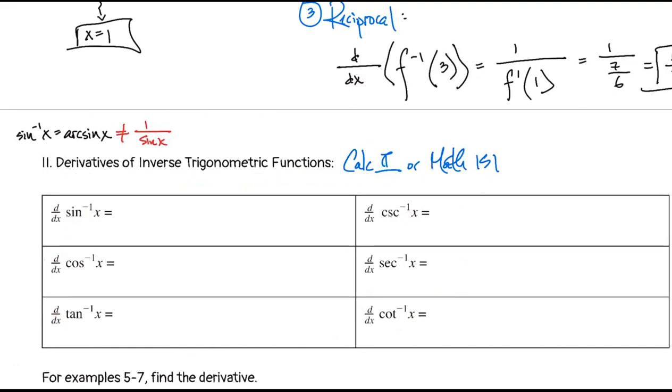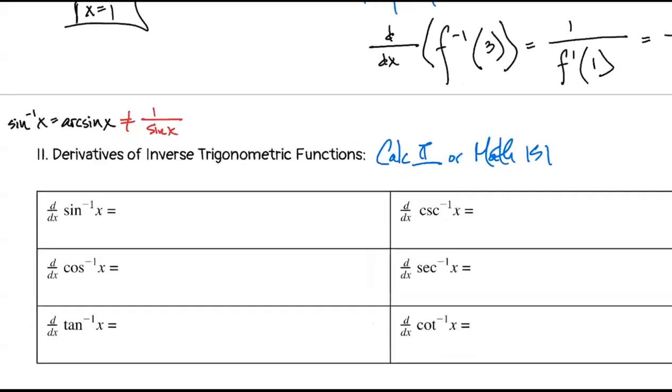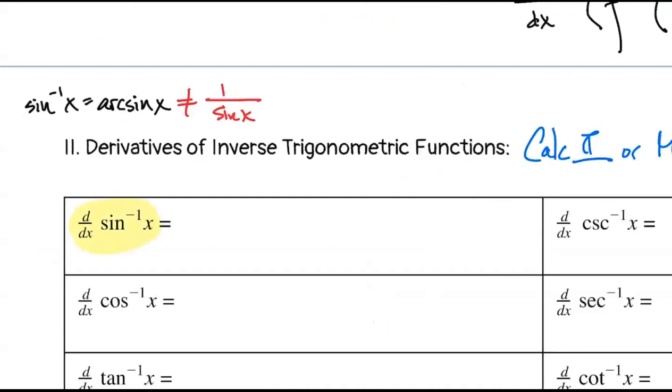All right, so let's list some formulas out and let's see if some of the patterns that we learned from trig derivatives actually hold true. So the first one up is our derivative of inverse sine, and we're going to highlight that nice and bright in yellow because that comes up a lot in Calc 2.